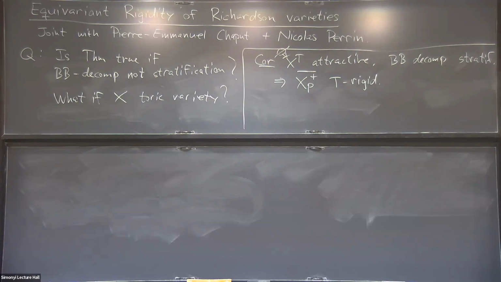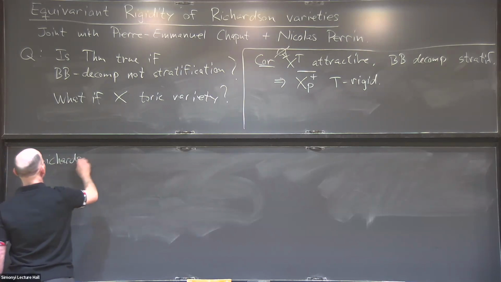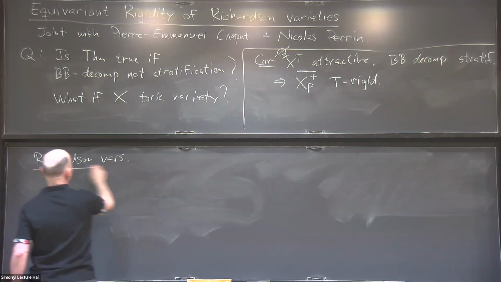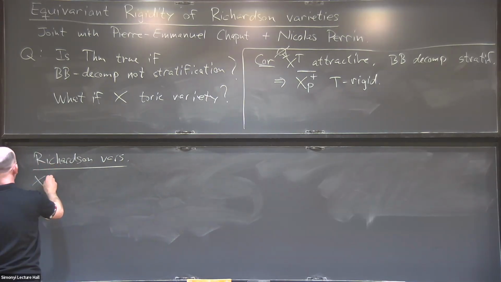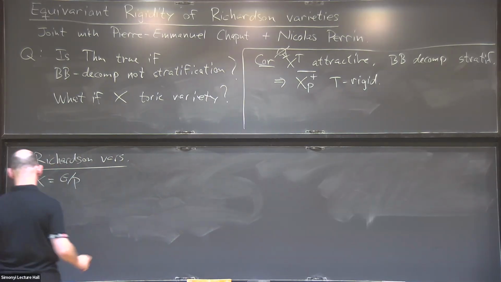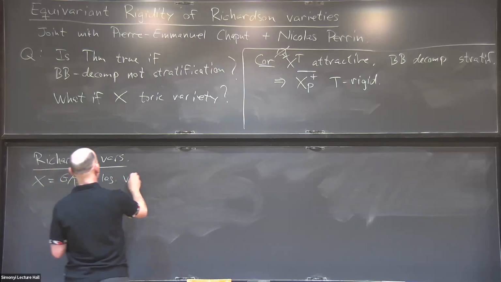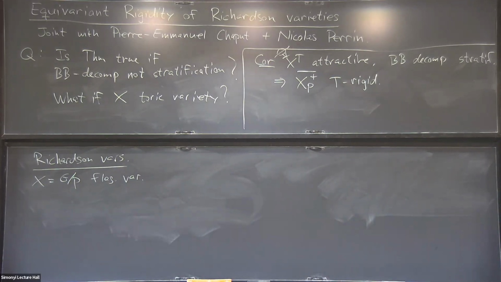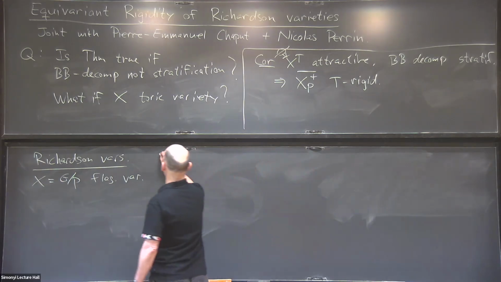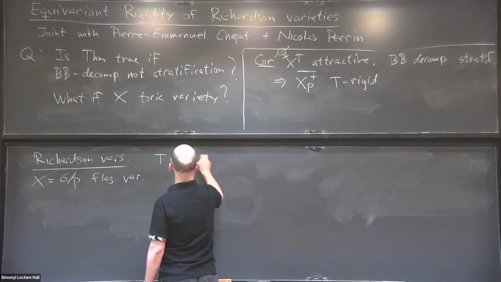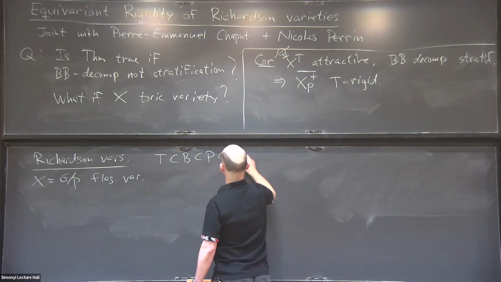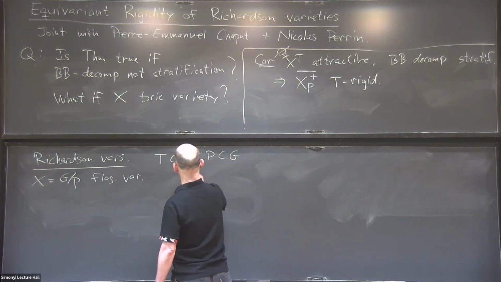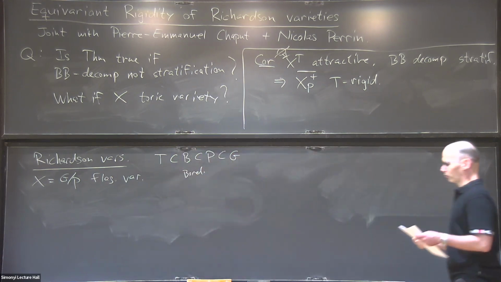Let's see. So the main application of this is for Richardson varieties. So from now on, X will be a flag variety, so G mod P. Well, G is a reductive linear algebraic group, P is a parabolic subgroup, and I will choose a maximal torus inside a Borel subgroup, inside P, inside G. So this is Borel, T is, of course, a maximal torus.